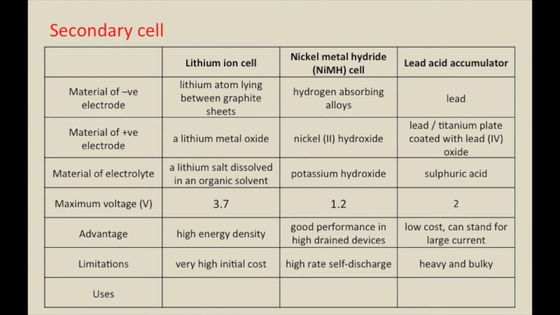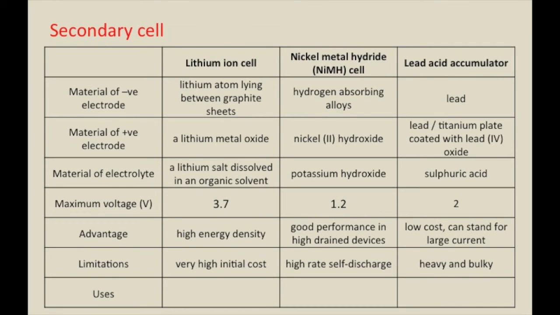Okay, so with the advantage, first of all, the lithium ion cell has high energy density. The meaning of high energy density is that they can build the chemical cell into a very, very small size. Okay, and the limitation is their cost is very high. For the nickel metal hydride, the advantage is they have good performance in high drain devices. But the limitation is they have a high rate of self-discharge.